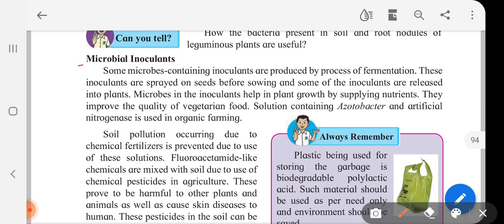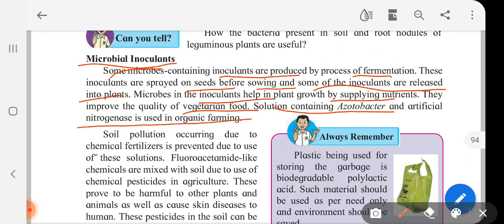Microbial inoculants. Some microbe-containing inoculants are produced by the process of fermentation. These inoculants are spread on seeds before sowing, and some of the inoculants are released into plants. Microbes in the inoculants help in plant growth by supplying nutrients. They improve the quality of vegetarian food. A solution containing Azotobacter and artificial nitrogenase is used in organic farming.